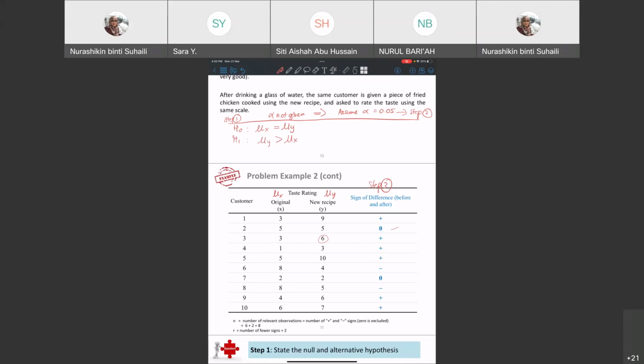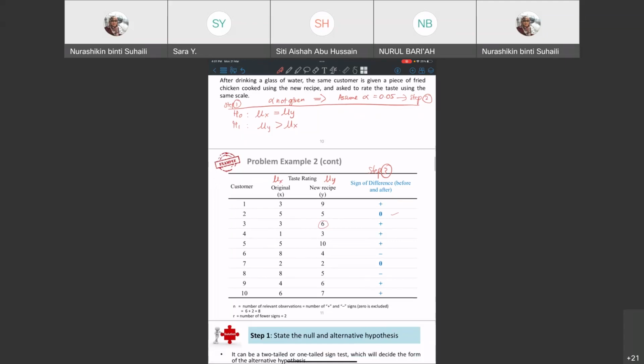This one is minus, you see, because this one is less than the original. 2 and 2 is similar. 5 and 8, that one is less than the original, so it should be minus. 6 and 4 plus, 7 and 6 plus. Okay, so that's how you get the sign of difference.